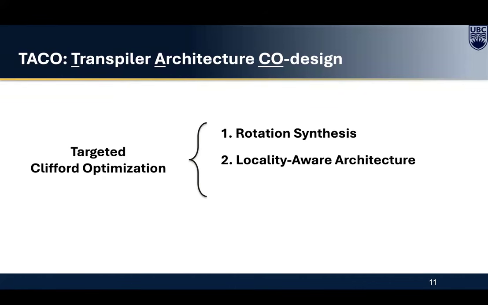Once we target that, the resulting circuit has some localities in its gates, so we propose a locality-aware architecture that leverages this feature. And in the end, we also want to focus on the Clifford overhead from the T gates. So those are the three main targeted optimizations, and I'm going to go through each of them.